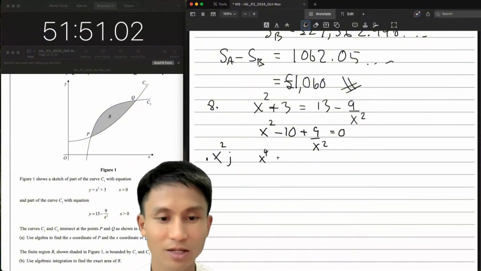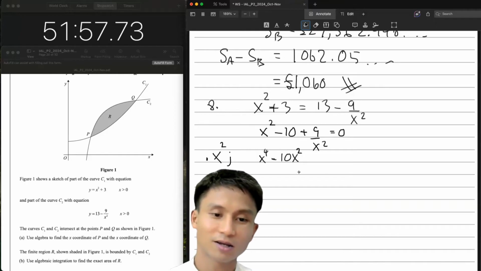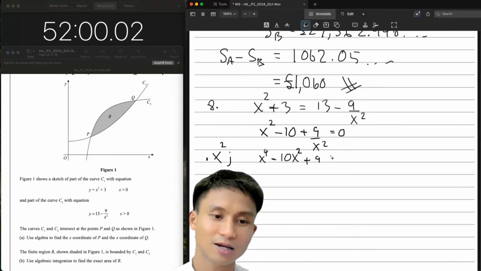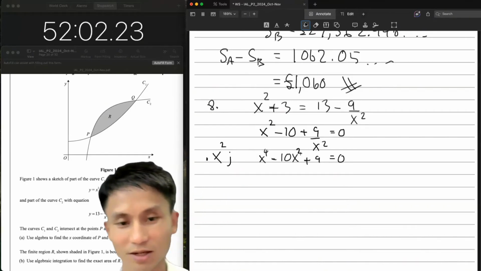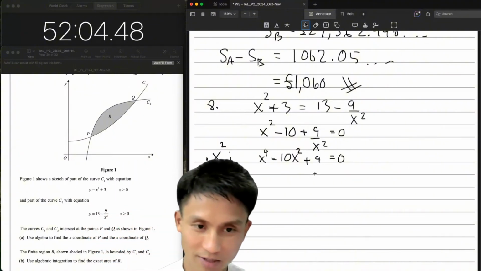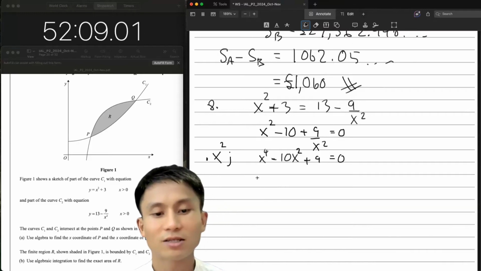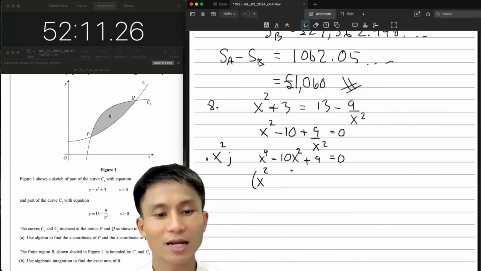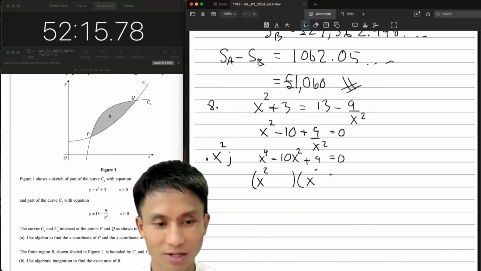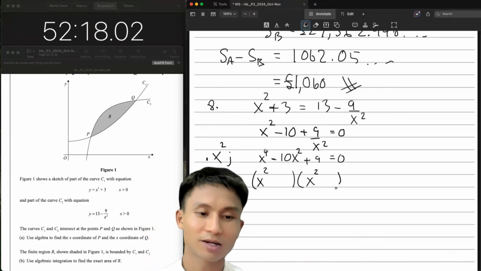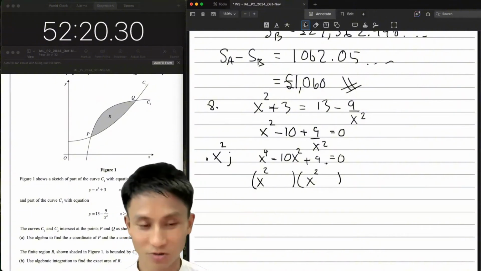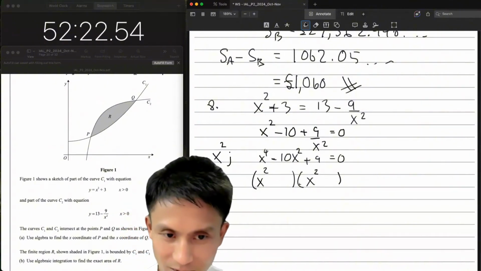That's already in the right location. And then 9 is left there because x squared canceled x squared. So again, we can factorize in x squared. You can also do that like factorizing a quadratic, but letting x squared be something else in that case.